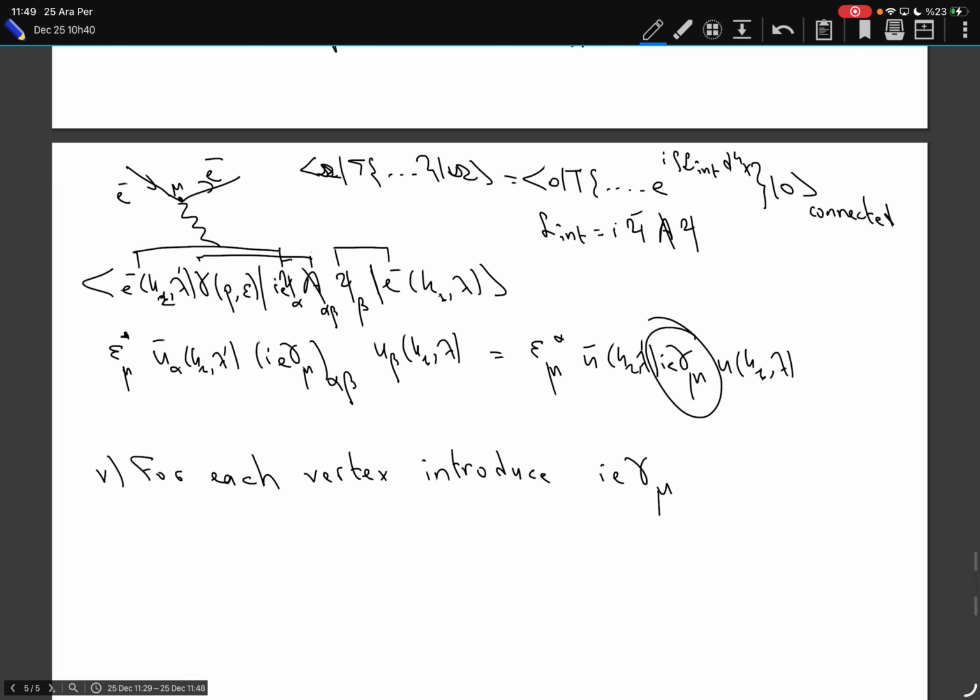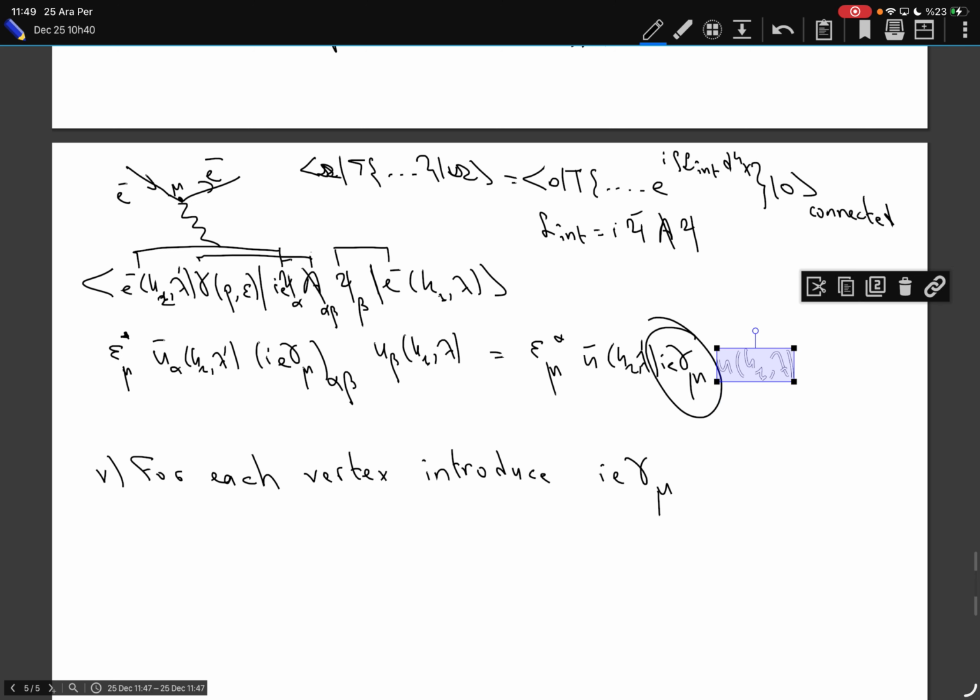The corresponding contribution is u bar. So for an outgoing line, I introduce a u bar. Then I follow the line backwards. For the vertex, I introduce minus i e gamma mu. Then I keep following the line backwards and get an incoming electron line. The corresponding term is u. So u bar gamma mu u.